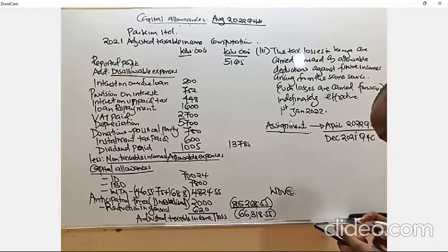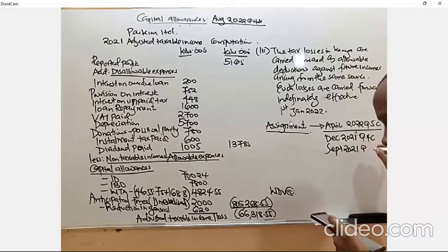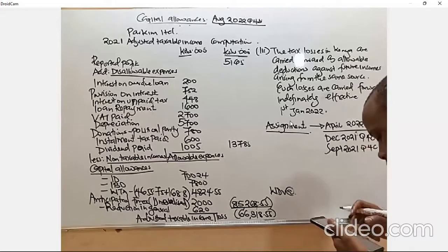We also have another question from September 2021. It should be question number 4C. There are very many, every year has one.